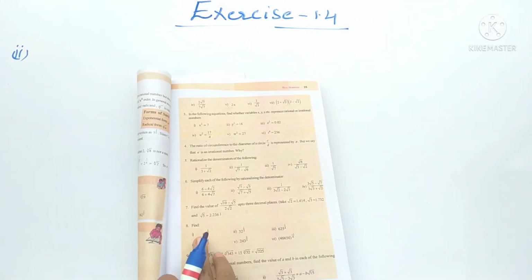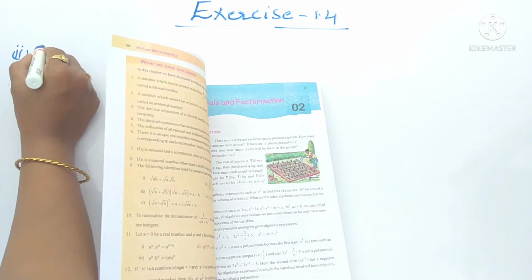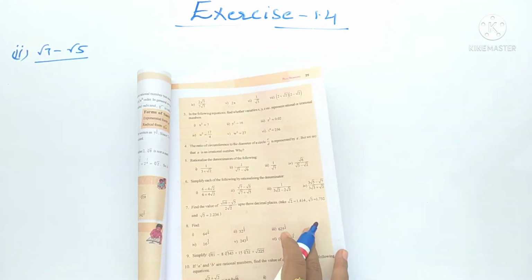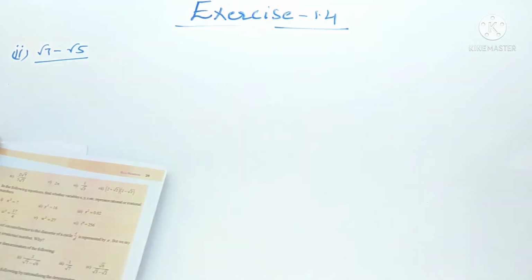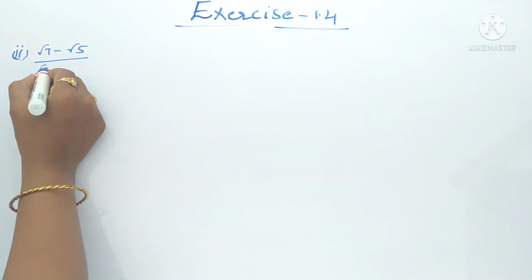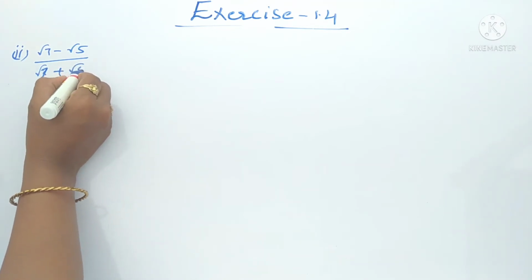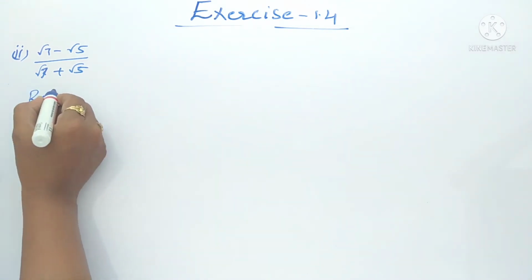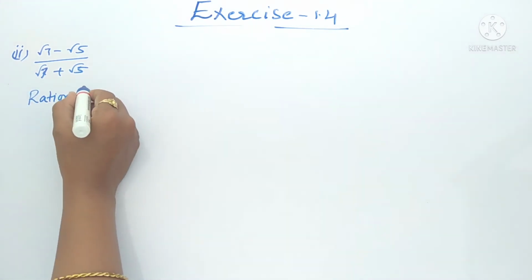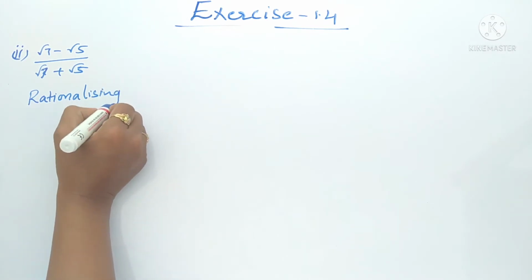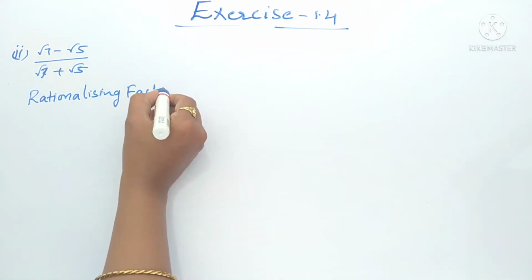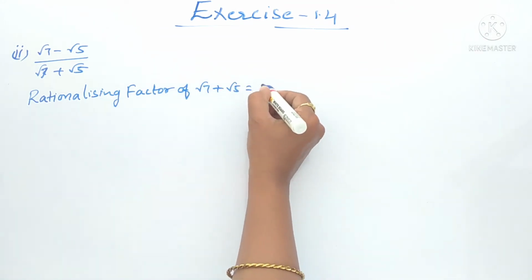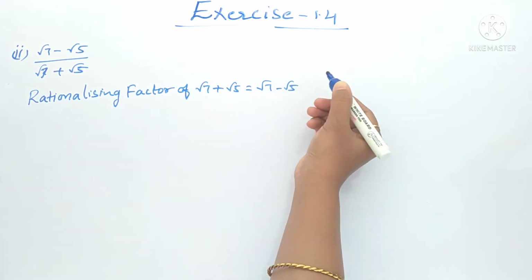Next, our second problem. Root 7 minus root 5 by root 7 plus root 5. So we have to rationalize this. Okay, so first we have to write the rationalizing factor of root 7 plus root 5, which is equal to root 7 minus root 5.